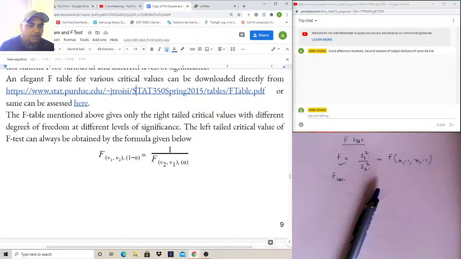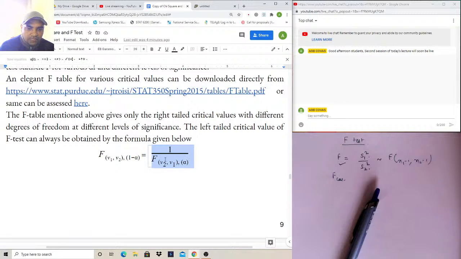The left-tailed critical values of the F test can always be obtained by the formula given below. That is, the left-tailed value F(V1, V2, 1 minus alpha) is equal to 1 upon the F value for (V2, V1) at alpha level of significance.